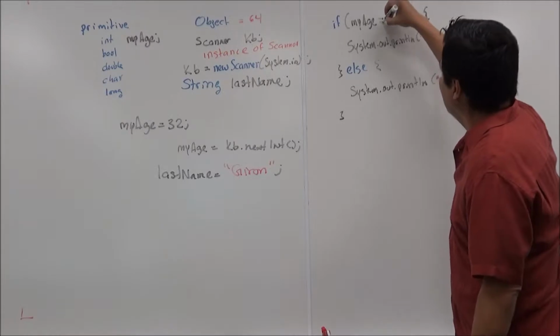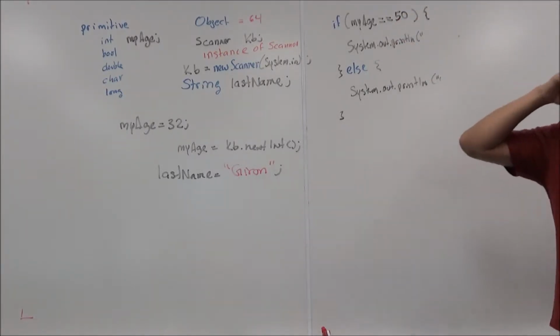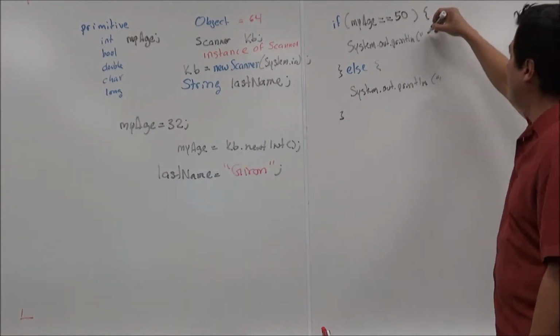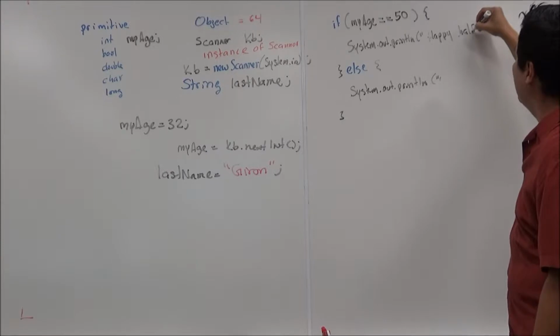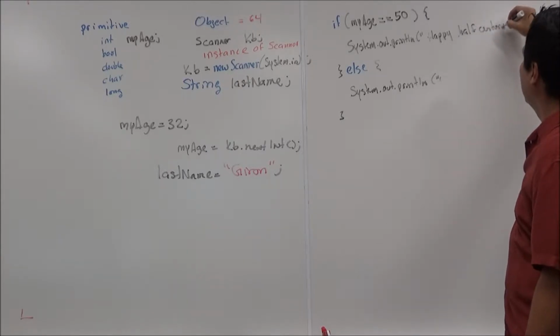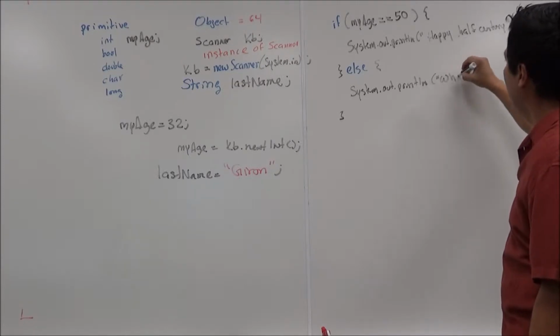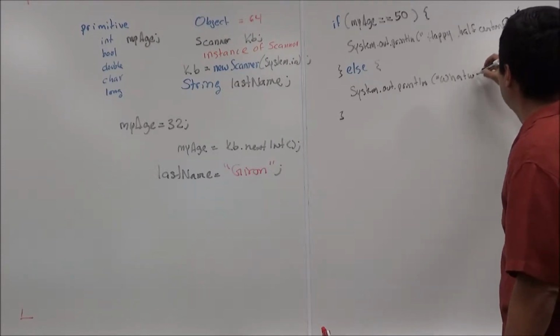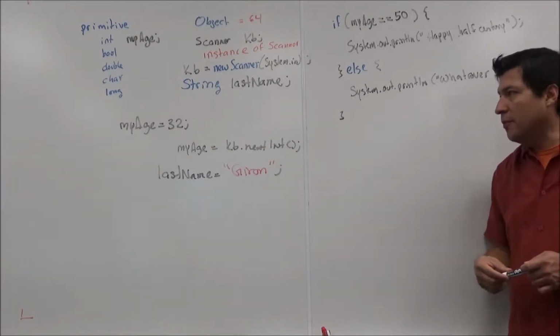So today, if it's 50, I can do the two equal signs, right? And I say, happy half century, right? If not, then I can just say whatever. Doesn't matter, right?